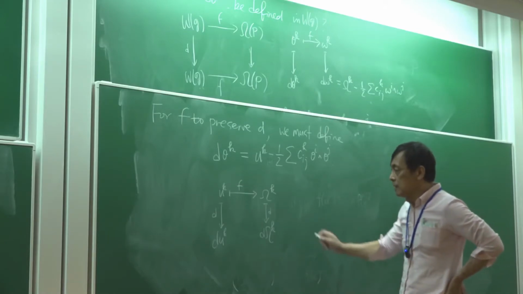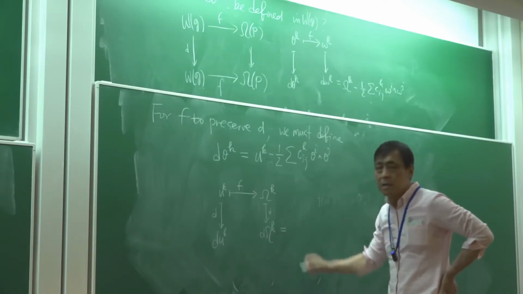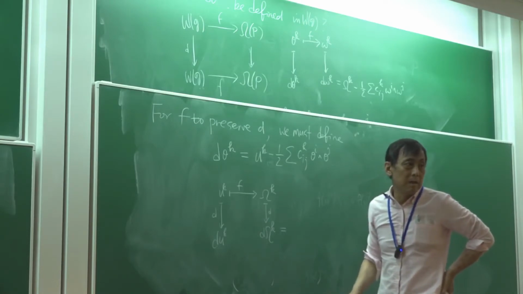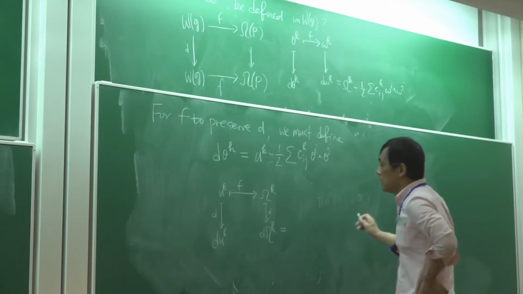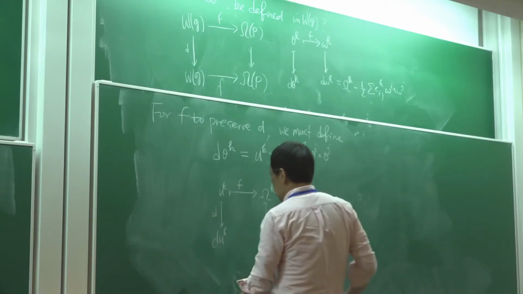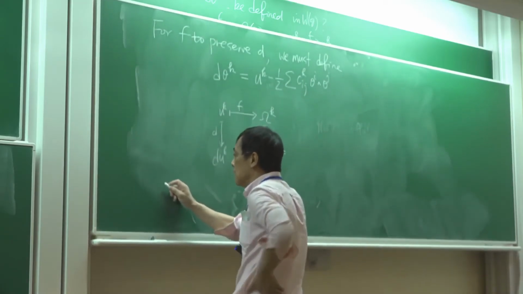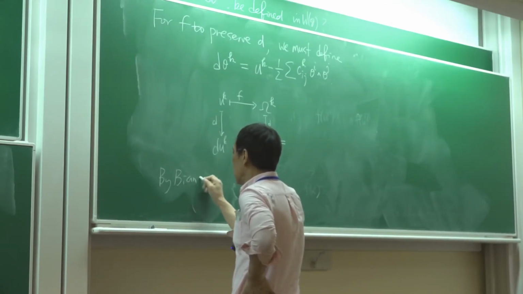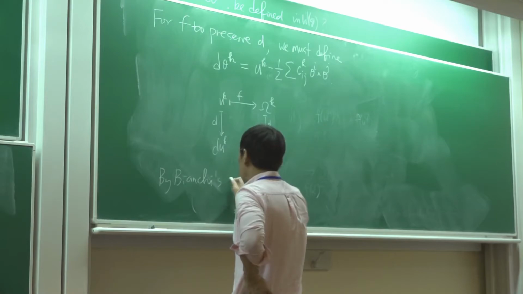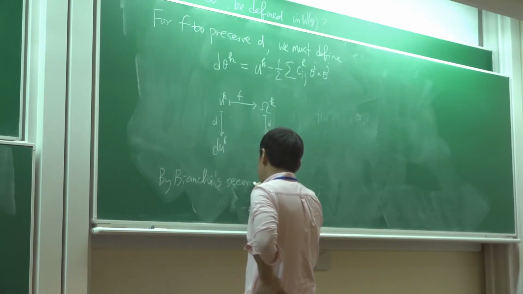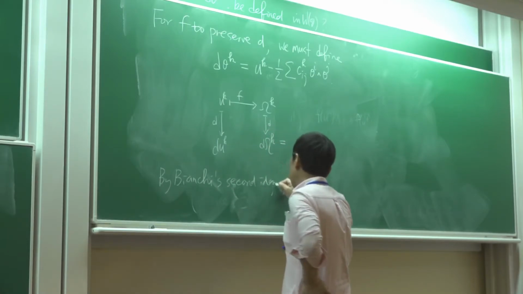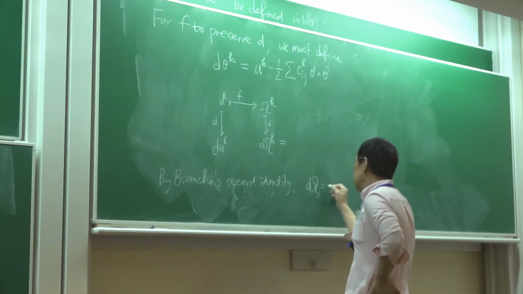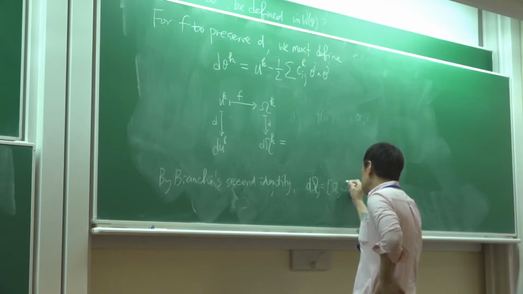By Bianchi's second identity, d omega is bracket of omega with omega.